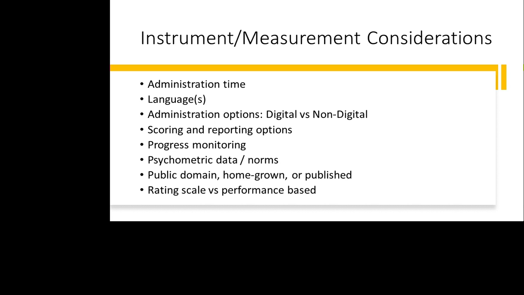They will perhaps have a narrative report, or they allow you to quickly generate a report that you can extract into your electronic health record system, or combine with another report. You can edit the information and bring it into another report. It also allows you quite often to monitor repeated assessments. So if you're using the same tool over and over again, you get to build a database of information on that individual, so you can track and create profiles of progress and change over time.